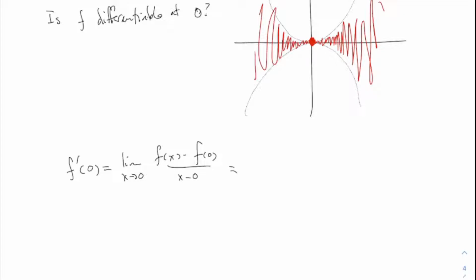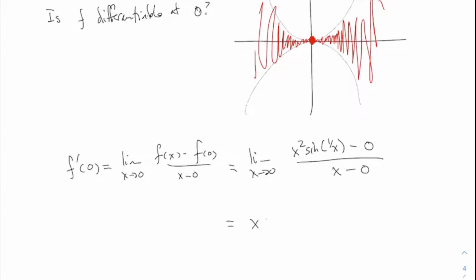When I plug in, I get x squared sine 1 over x minus 0 over x minus 0. All right. Cancel the x's. Now, last time I canceled the x's and they went away entirely, but it's not so this time. I cancel the x's, and what remains is x sine 1 over x. Sorry, I should still write the limit here.